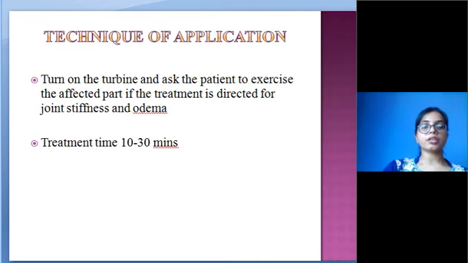Technique of application: first of all, we check the sensation by alternate application of hot and cold test tubes. Then we ask the patient to sit at the edge if we are using the extremity tank. Turn on the turbine and ask the patient to exercise the affected part, if the treatment is directed for edema and joint stiffness. The total time duration, irrespective of the technique of application, ranges from 10 to 30 minutes.